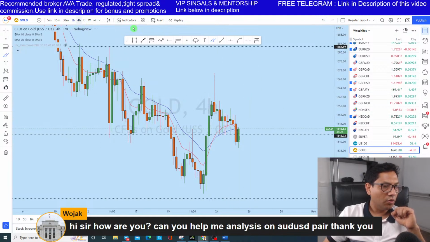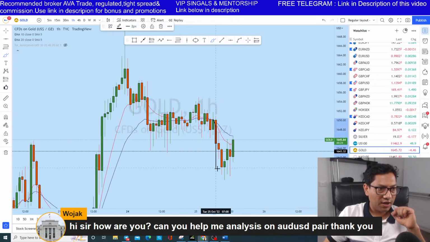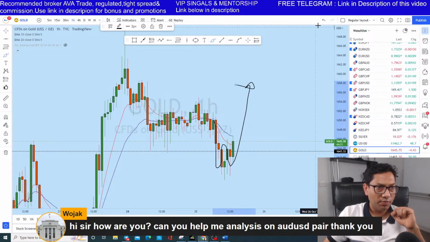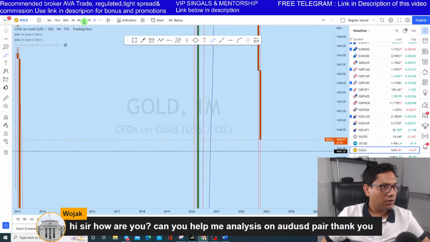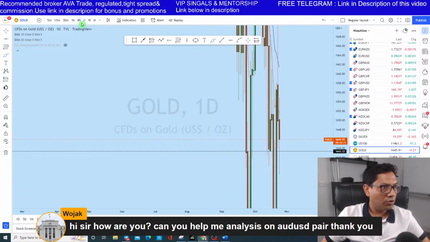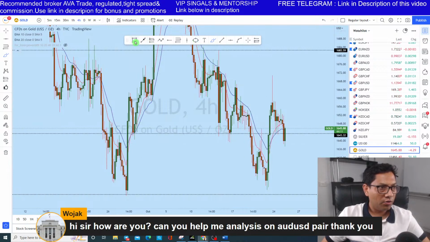So if you look at that 1-hour chart, it has in fact created a double bottom at this level, which is the previous support zone, let me draw that again.